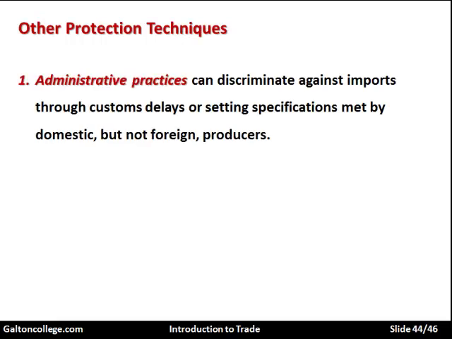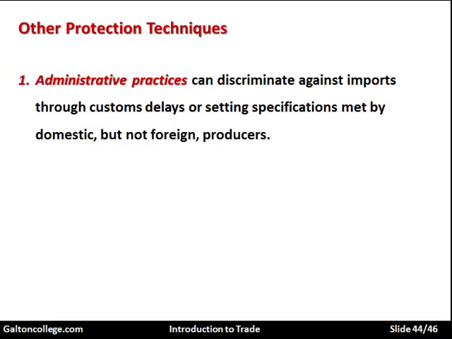Now there are other protection techniques. For example, administrative practices. These can discriminate against imports through customs delays or setting specifications met by domestic but not foreign producers. Sometimes countries can be awkward. They can be deliberately slow in processing imports, so the imports don't go into the country.